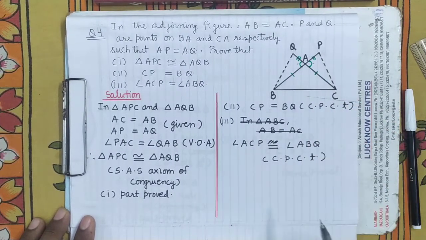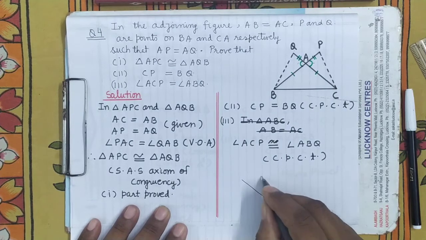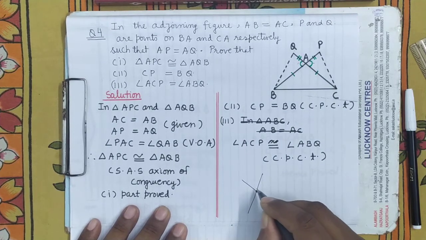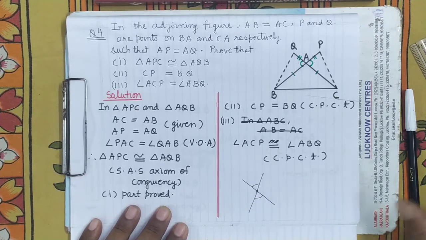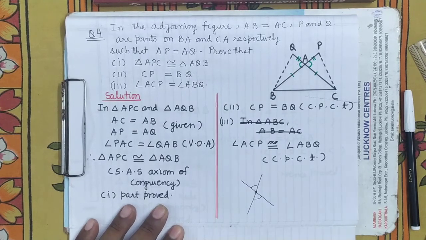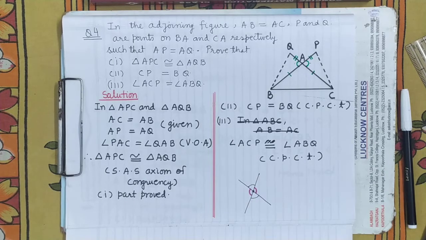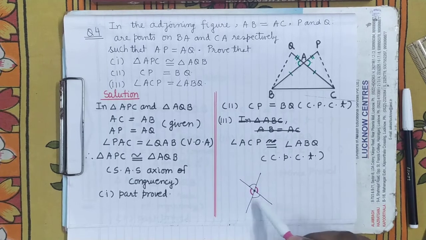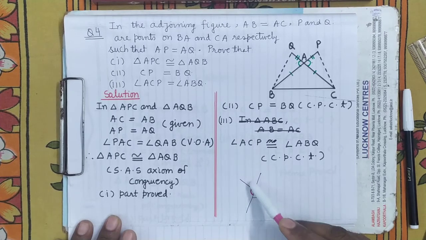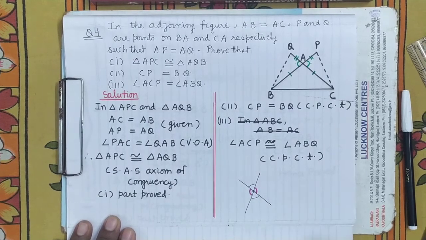When two lines intersect each other, the angles which are formed opposite to the point of intersection are vertical opposite angles. This angle will be equal to this angle, and this angle will be equal to this angle. Vertical opposite angles are equal to each other.